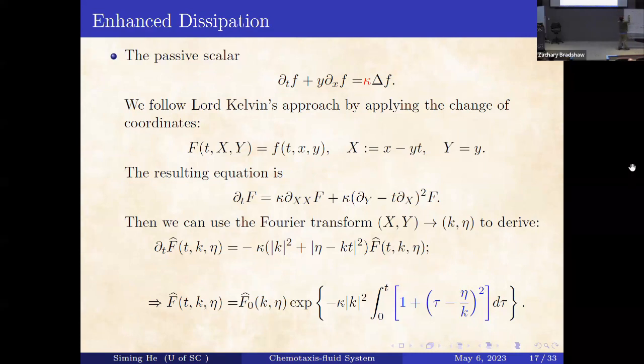Now our passive scalar equation becomes this equation.